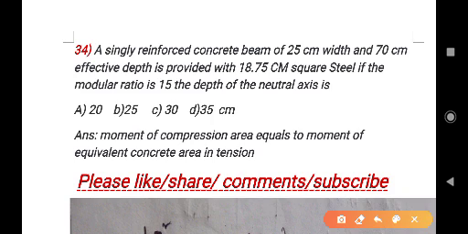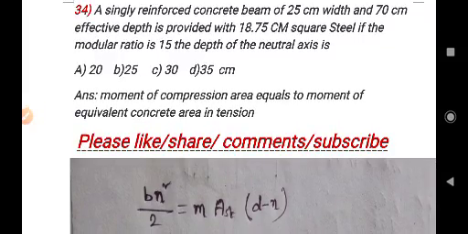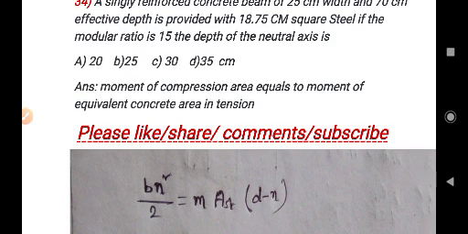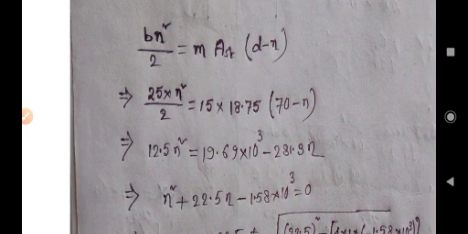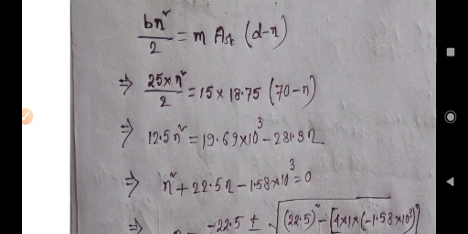If the modular ratio is 15, the depth of neutral axis is... The moment of compression area equals the moment of equivalent concrete area in tension. If we equate them, we get this: this is the compression force, Bn square by 2, and this is the tensile force.